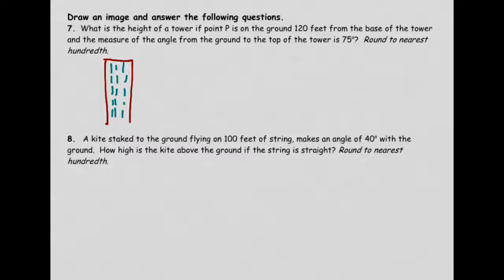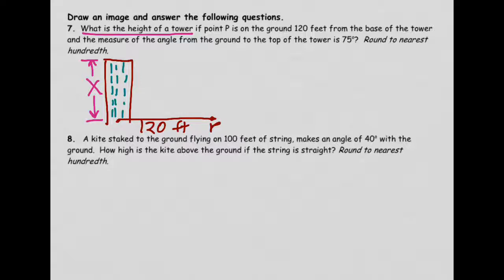Well, if they're asking me what is the height of a tower, the height of the tower is my x, right? Because they're asking me what that is, so that's my x, that's my unknown. If point P is on the ground 120 feet from the base of the tower. So here's point P, and point P is on the ground, and it's 120 feet from the base of the tower.